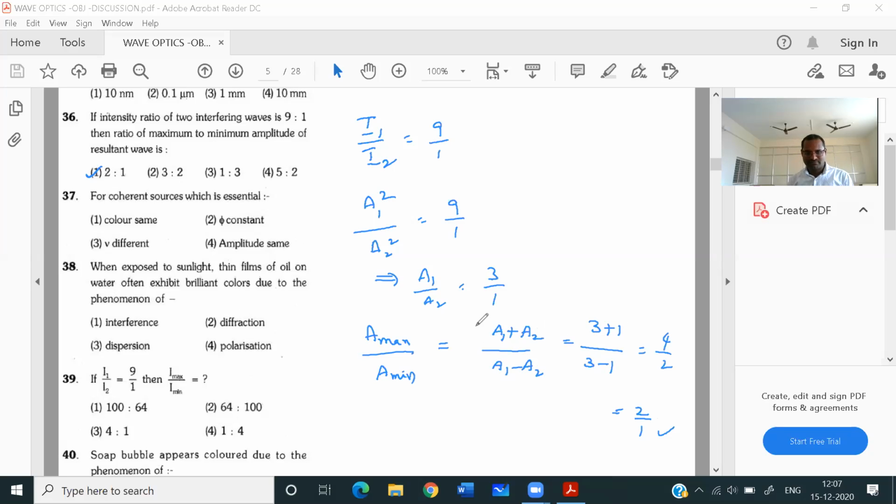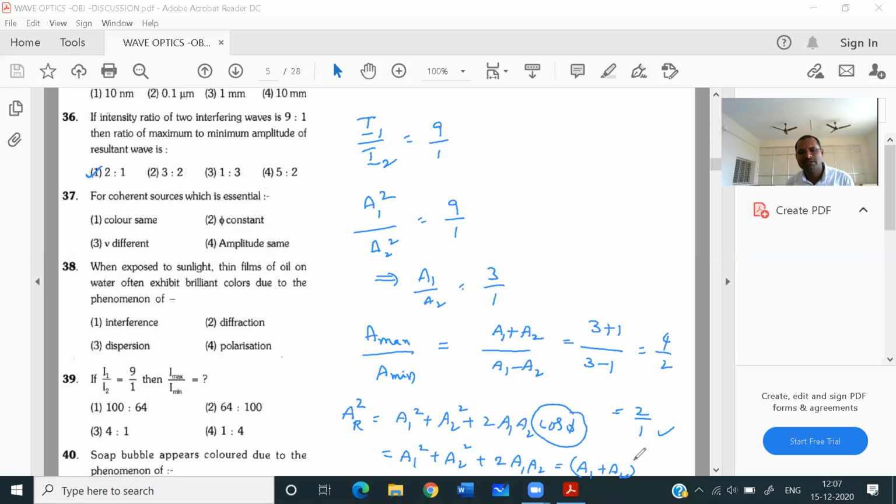See, why did I use A1 plus A2 earlier? The resultant intensity is A1 square plus A2 square plus 2A1A2 cos phi. This is the formula. For the maximum value, cos phi should be 1. Means it will be A1 square plus A2 square plus 2A1A2, which is (A1 plus A2) whole square.